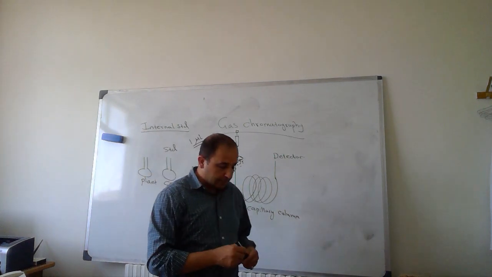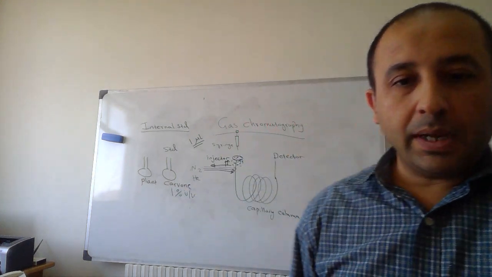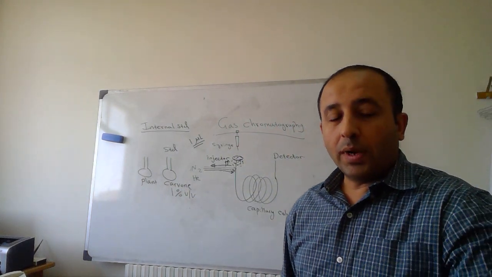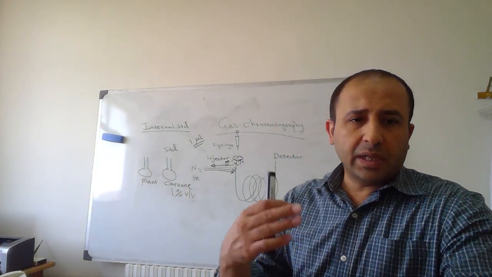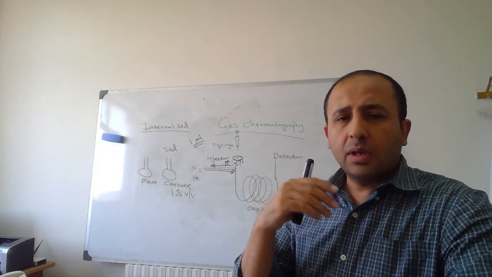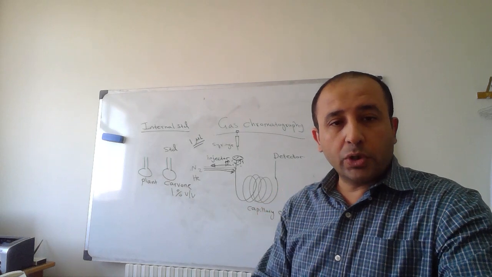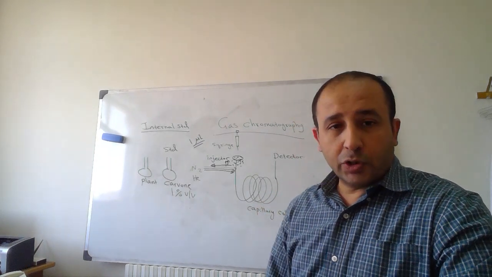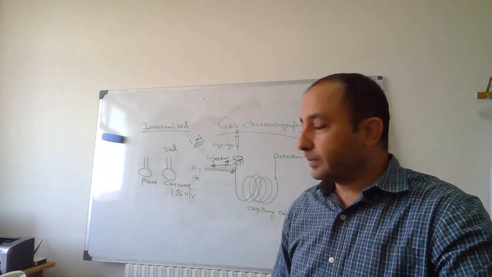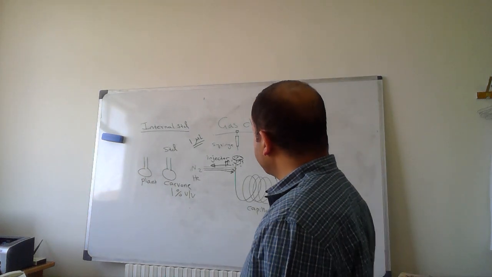So we put, for example, 1 mL carvone into 100 mL solvent like methanol, ethanol, hexane, any suitable organic or semi-polar solvent, in order to be volatile. It cannot be dissolved in water.